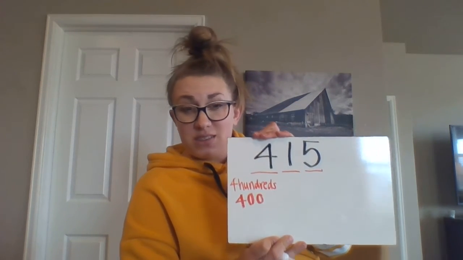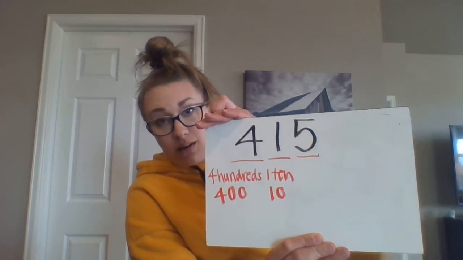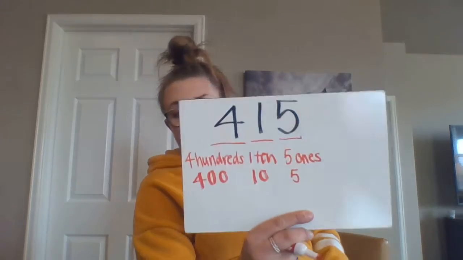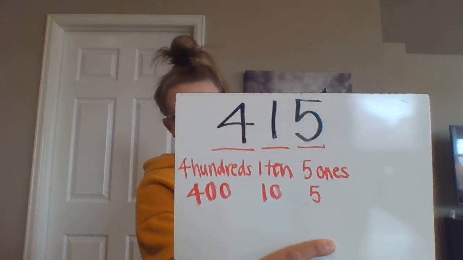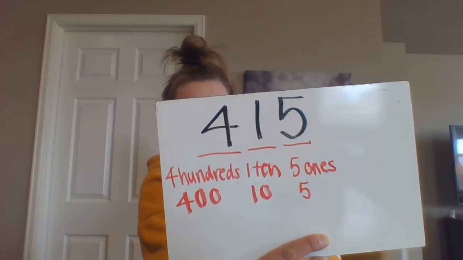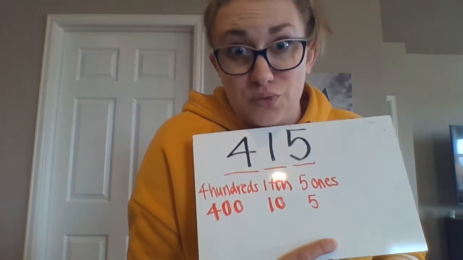That's literally what that means. If we do it for our next place value, I know that as 1 ten, right? We already know this. I can also write it as just the number 10. And then finally, this ones place, it's just 5 ones, and because it's in the ones place, I just write it as a 5. That's what it is. Now, that should be a review, I hope.